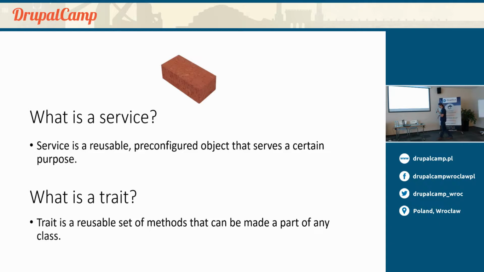Sometimes we configure the object inside of our service, our functionality, something new, and then we make it available to any other classes that extend our class. And a trait is a set of methods that can be reused and put inside of our class.